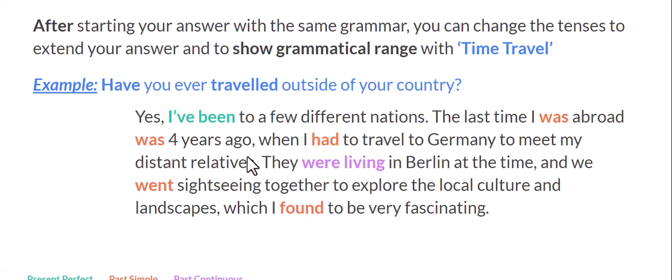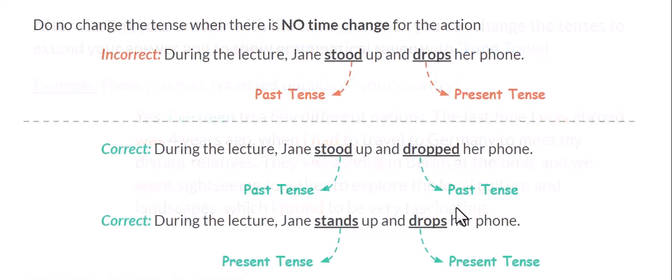And then we are going to change to the past continuous. They were living in Berlin at the time, and we went sightseeing together to explore the local culture and landscapes, which I found to be very fascinating. So here we used 3 sentences, and the tenses we used are the present perfect, past simple, and past continuous, and you can see it here.